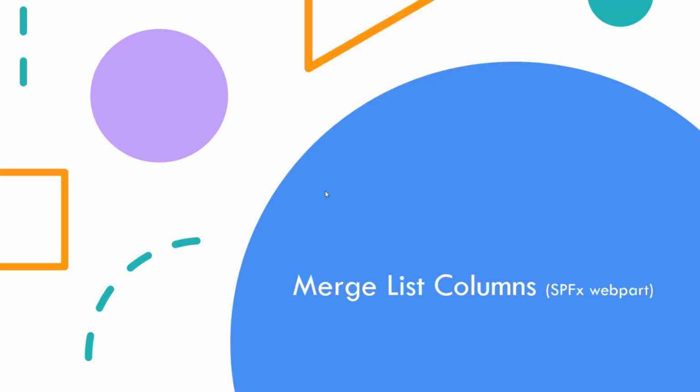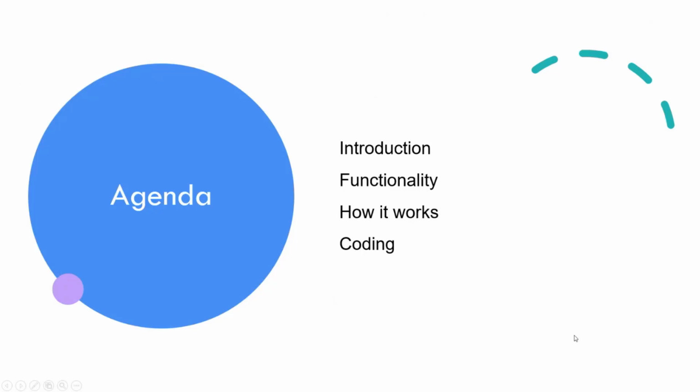I just said hello, and I'm Shahab Matapour, a Microsoft 365 and SharePoint developer. In this presentation, the functionality of the merge list columns web part will be explained. This SPFx web part enables you to select some columns from different sites and lists. Then you can merge those selected columns and finally display the aggregated column in a Fluent UI detail list component.